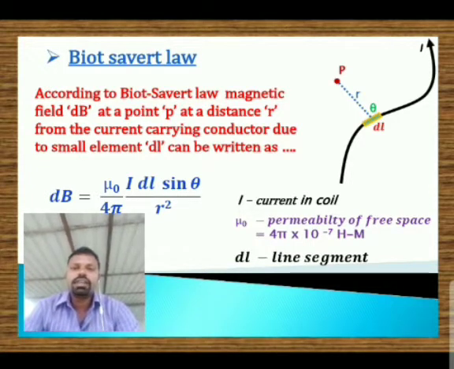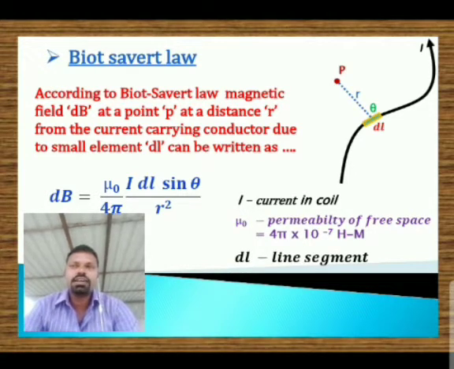Generally, when a conductor carries current I, that current automatically produces a magnetic field. This was discovered by Oersted. According to Oersted, a current carrying conductor produces a magnetic field.